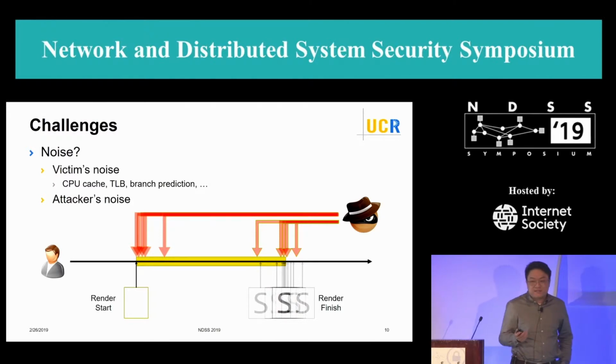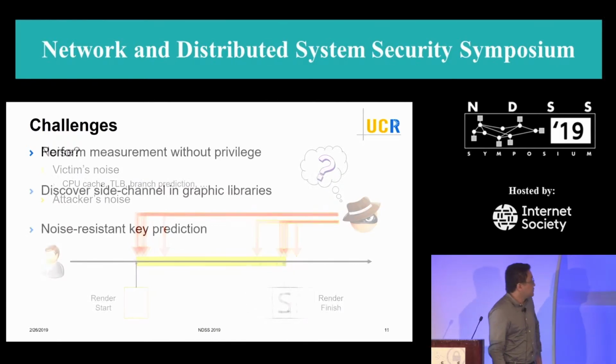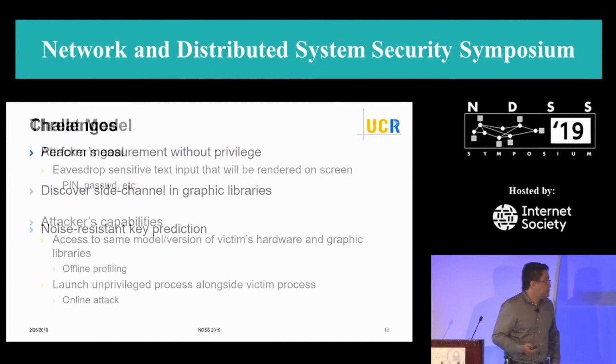And from the attacker side, since attackers don't have direct access to the victim's execution state, whatever methodology they come up with will potentially have measurement error and measurement noise. So given a potentially noisy measurement, can the attacker still infer what is being rendered on screen? So here are all the challenges. Let's go ahead and solve them.